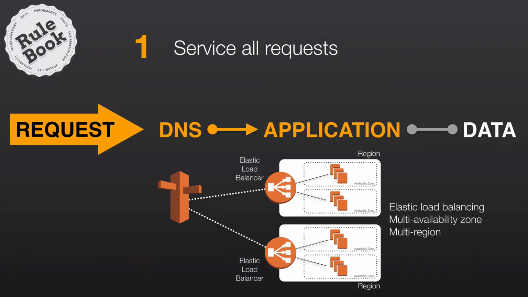This can enable you to distribute traffic across several copies of your website, located optimally to ensure that customers get the best possible performance. And you can see an example of this architecture shown on this slide here with 2 ELBs, elastic load balancers, distributing traffic across 2 availability zones in each region where they operate, and making use of this multi-region capability to service customers around the world as rapidly and effectively as possible.